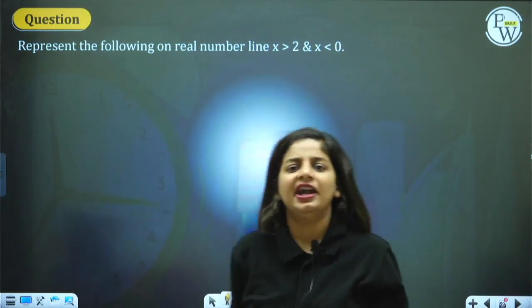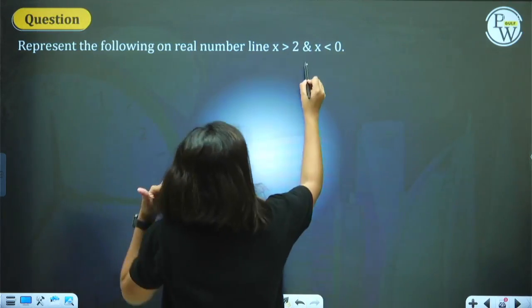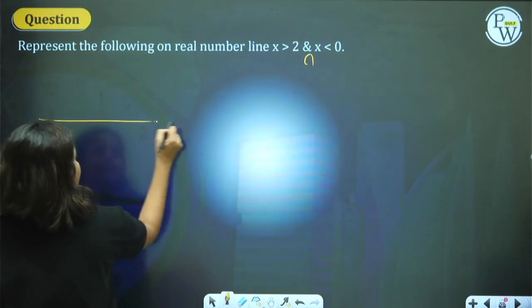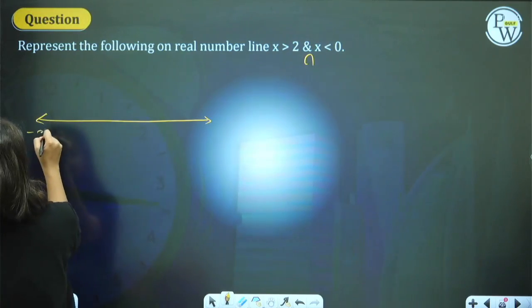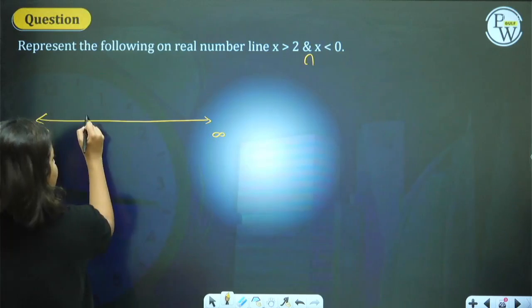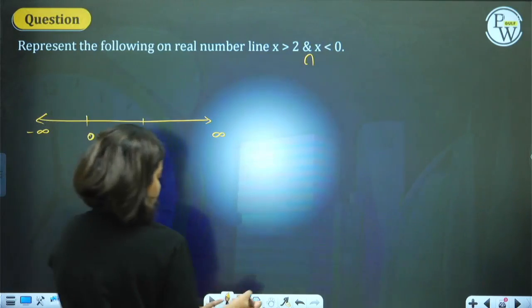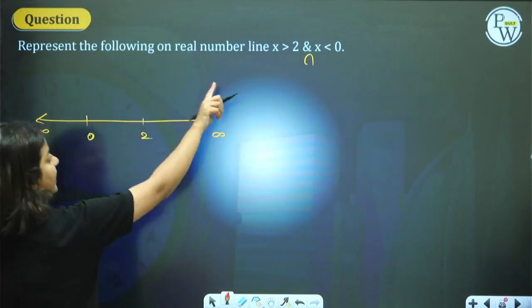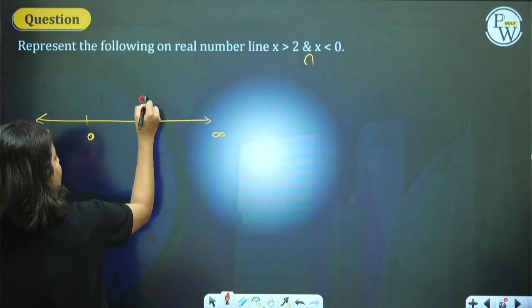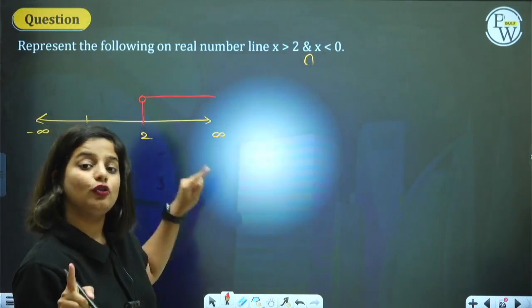And means intersection. Okay. Minus infinity to plus infinity. There is 0 and there is 2. x is greater than 2, not equal to, just greater. When there is equal to, dot.